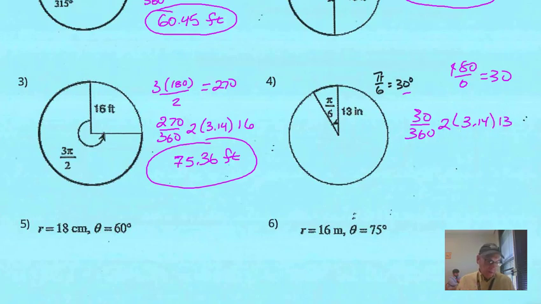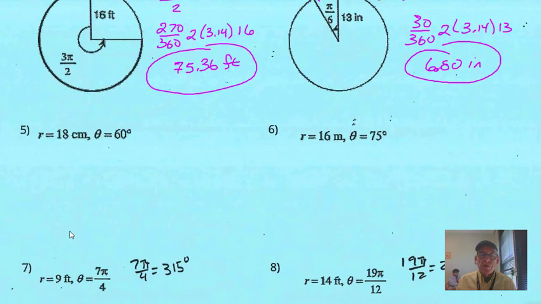And crunching these numbers, 30 times 2 times 3.14 times 13 divided by 360 gives us 6.80. And we're talking about inches. So 6.8 inches is the part of the arc that goes with a 30 degree central angle with a radius of 13.